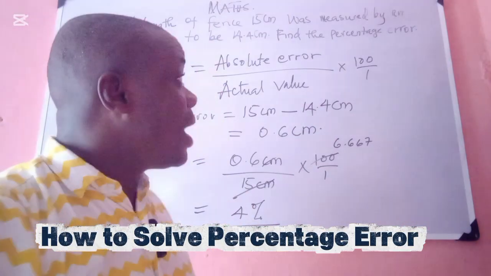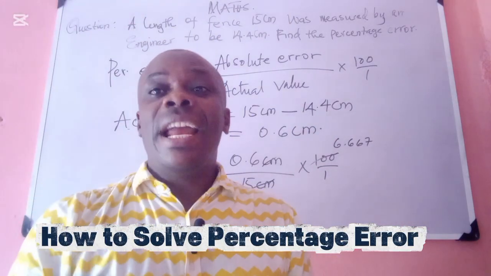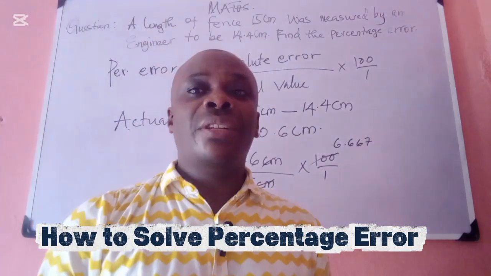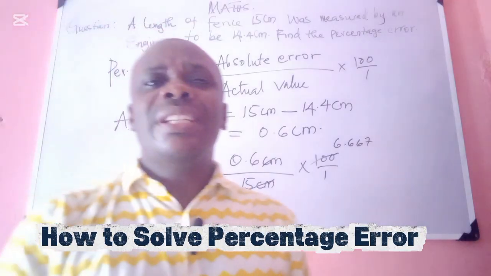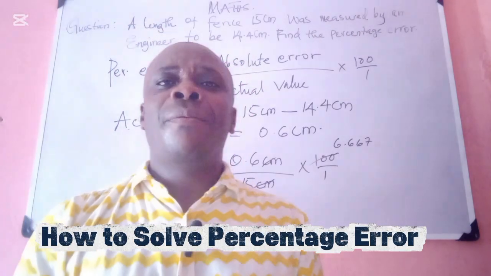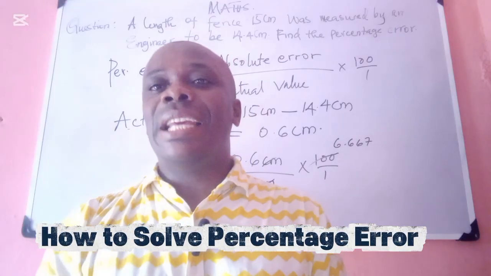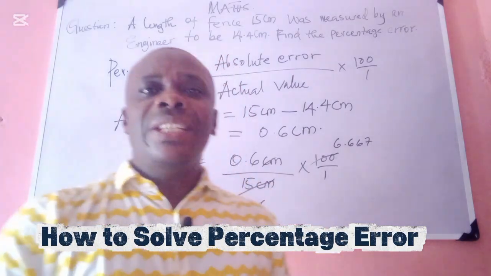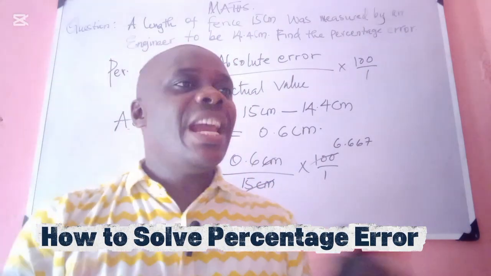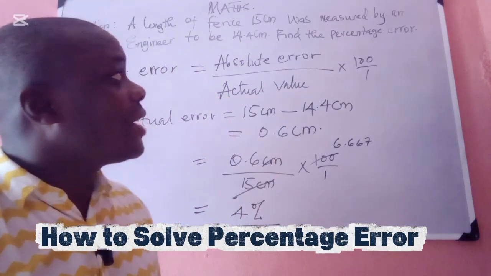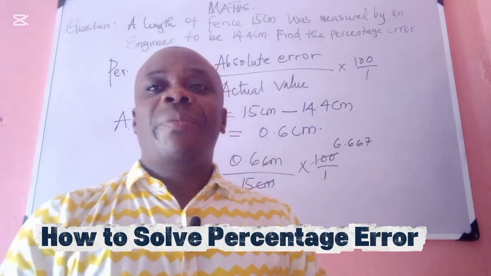That is why you need to be very precise anytime you are making a measurement, to ensure that it doesn't affect your practical or your analysis at the end of it. So this is applied everywhere. We have to be very cautious and careful with it.